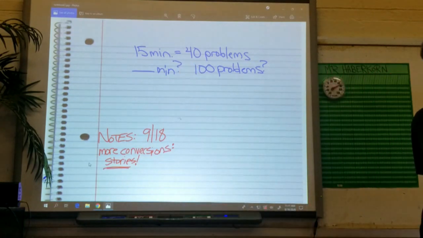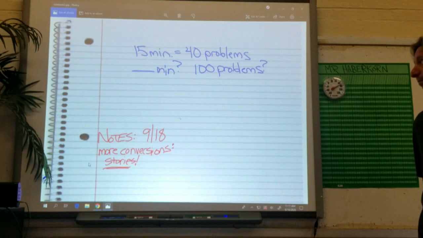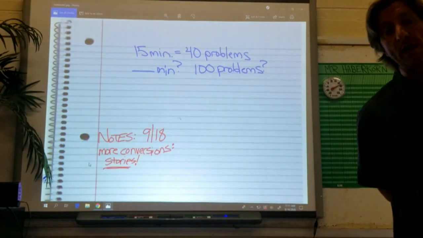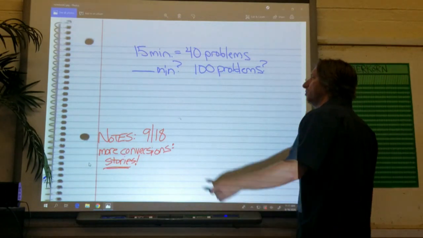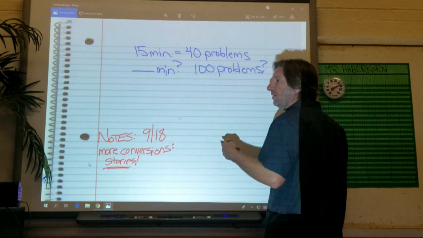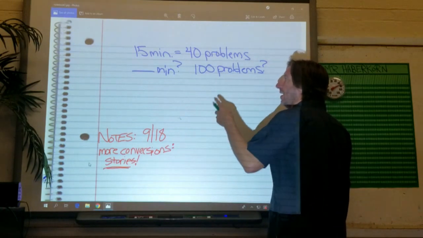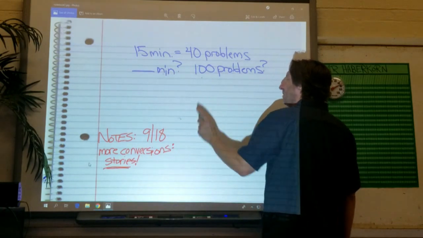All right. So we're going to do the same thing we've been doing. This isn't really a conversion. We're not converting anything, but we can still use a proportion to figure out our missing number. So this isn't going to be exact because maybe some problems are harder, easier, but on average, how long do you think it would take him? All right.